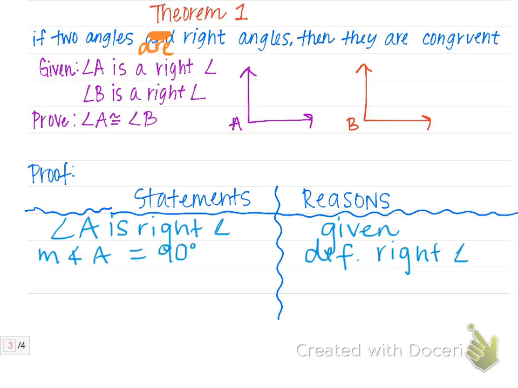But we also know that angle B is a right angle. How do we know this? It's also given to us as well. B is a right angle. So for our reason, it can be given as well.